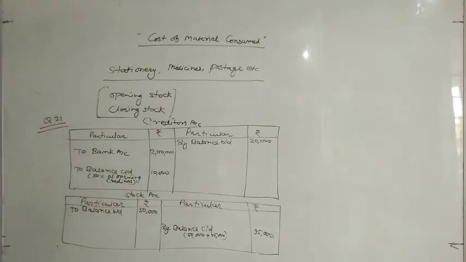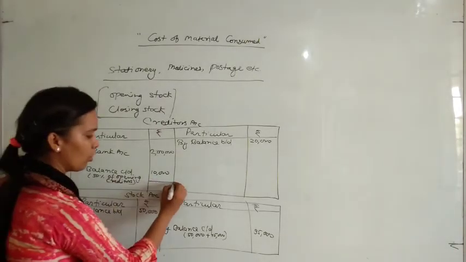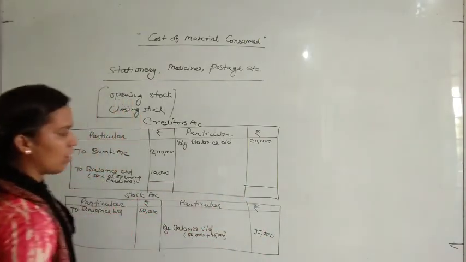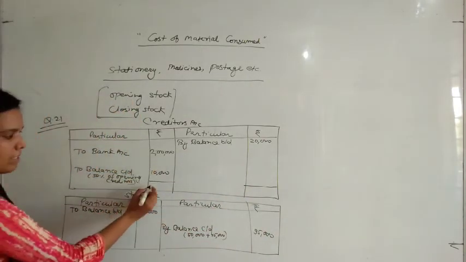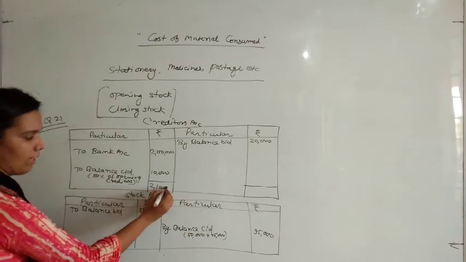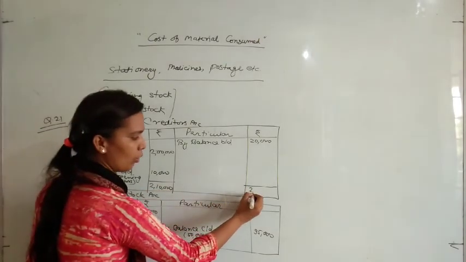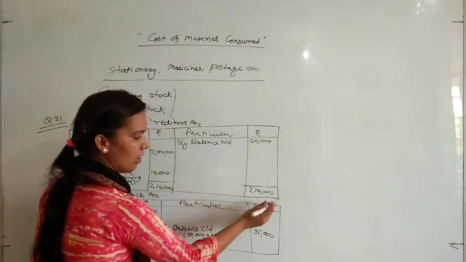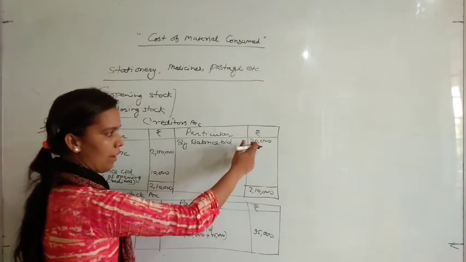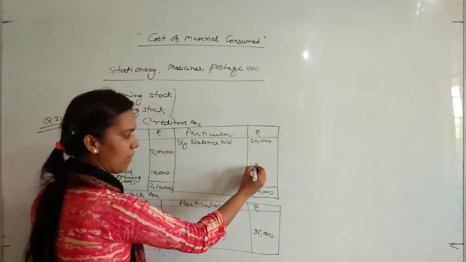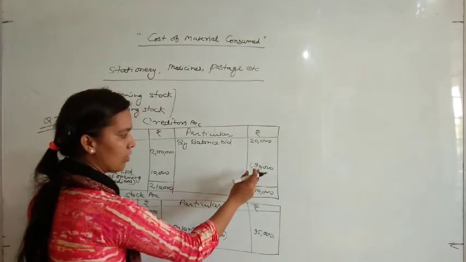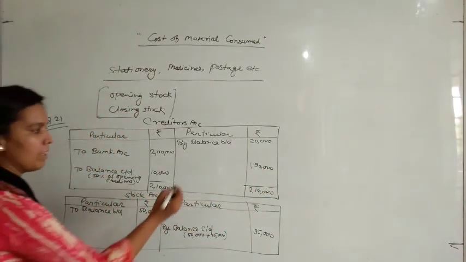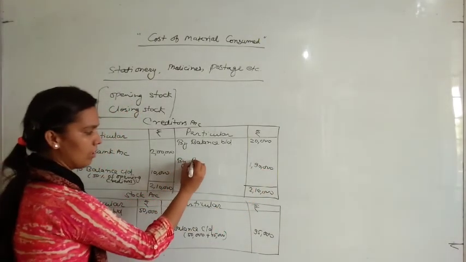Okay, all information is completed. Now first of all close the creditors account. Debit side balance is exceeding, that is 2,10,000. From this 2,10,000 minus 20,000, the balance is 1,90,000. This 1,90,000 will be written as purchase.